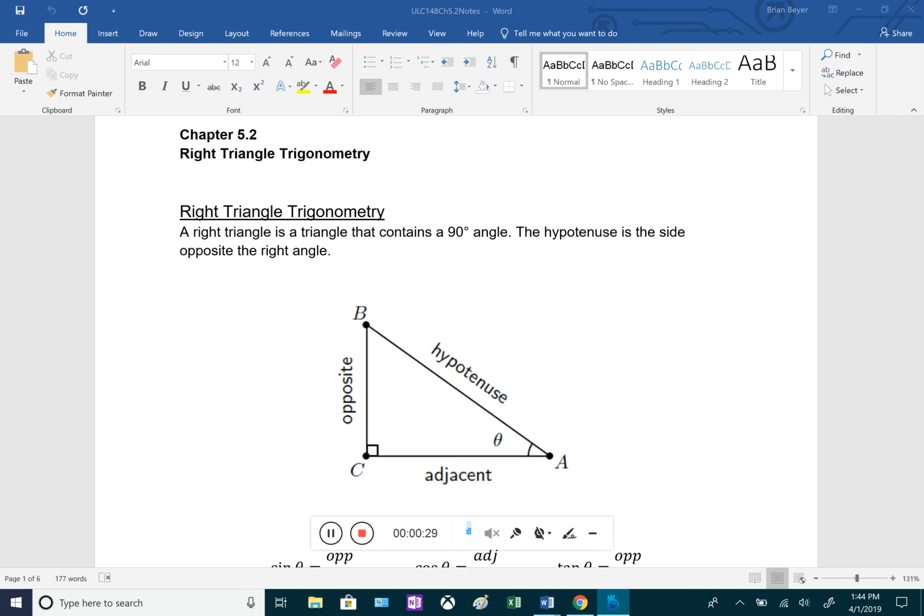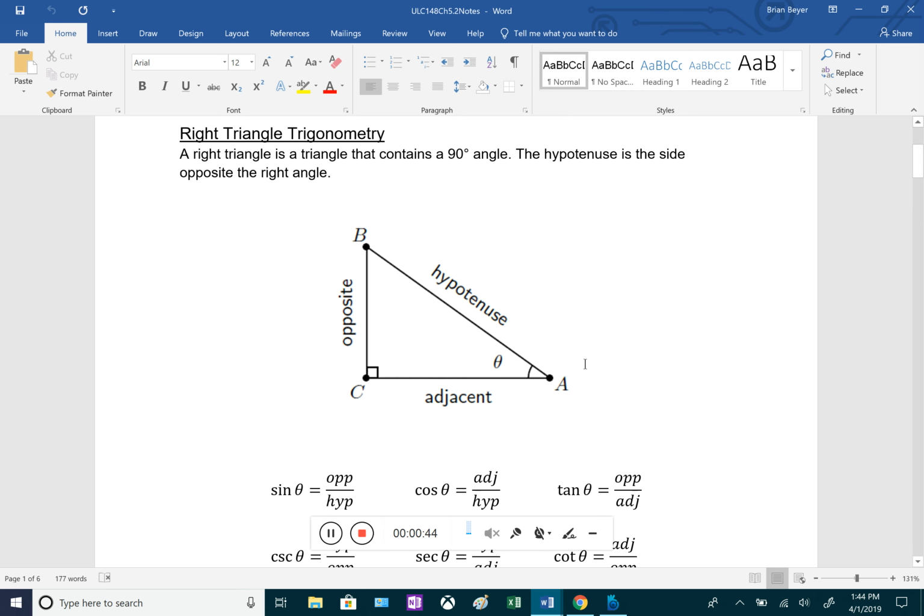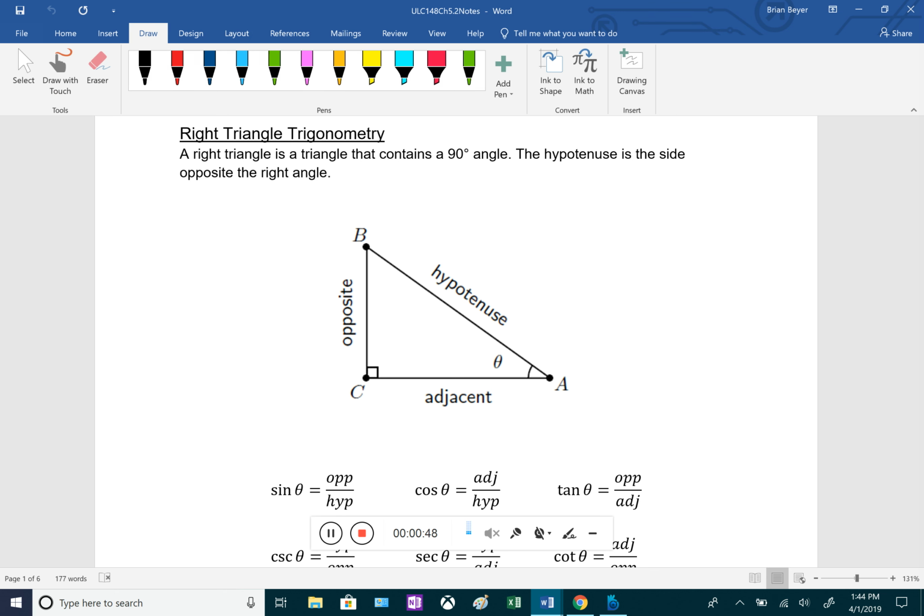So, starting off with right triangle trig. A right triangle is just a triangle that contains a 90-degree or right angle in it. It's important to keep in mind that the hypotenuse is always the side opposite the right angle. So here's a right triangle. We can see it's a right triangle because we have this little square angle, which means a 90-degree angle.